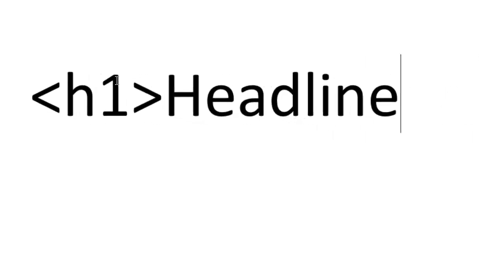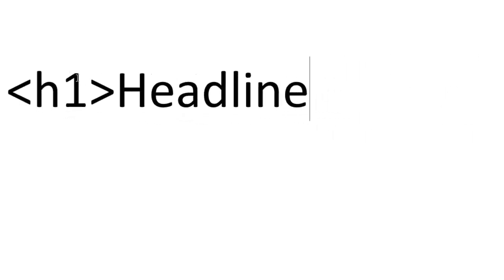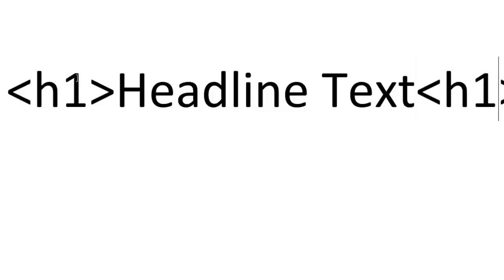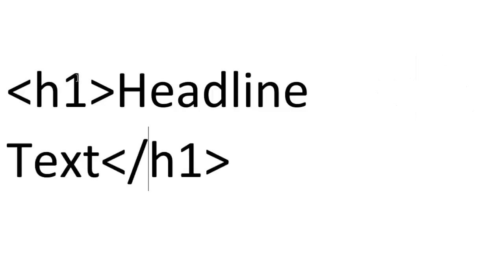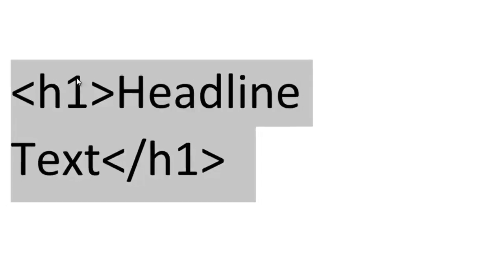This is going to be your headline, your heading, the big title, whatever you want it to be. So you will write out the headline text here. And when it's time to close that down, remember it's going to be H1, except the end tag is going to have a slash right before the word.